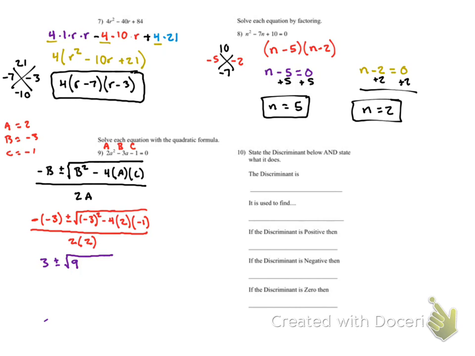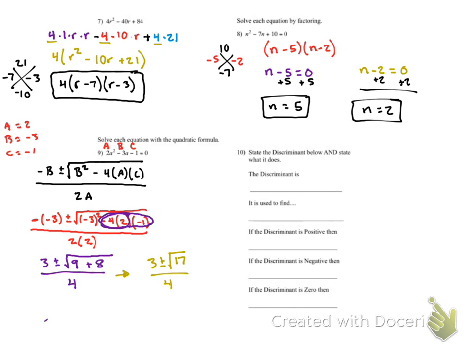Negative 4 times 2 is negative 8. Negative 8 times negative 1 is a positive 8. All divided by 4. And then finally, to state our answer, we add 9 plus 8. We have 3 plus or minus the square root of 17 divided by 4.